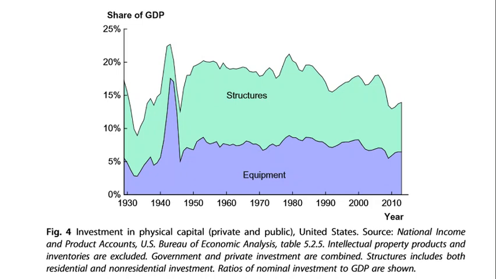So obviously, you can see World War II having a huge effect here, right, that equipment jumps from 5% to 15% of GDP as we're building P-51 Mustangs and artillery and all the stuff that we need and transport vessels, all the things we needed to contribute to the war effort.